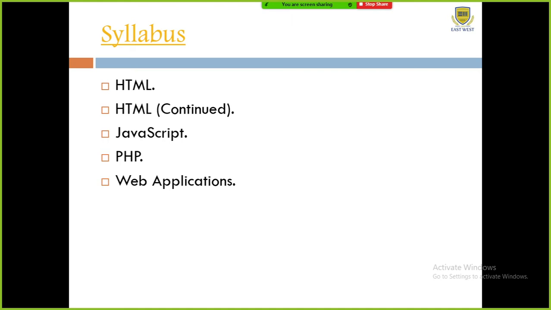We will also introduce a little bit of cascading style sheets, the syntax of how to use these style sheets, and how to interact with different styles that we can observe in CSS. All this we will study in the first module.